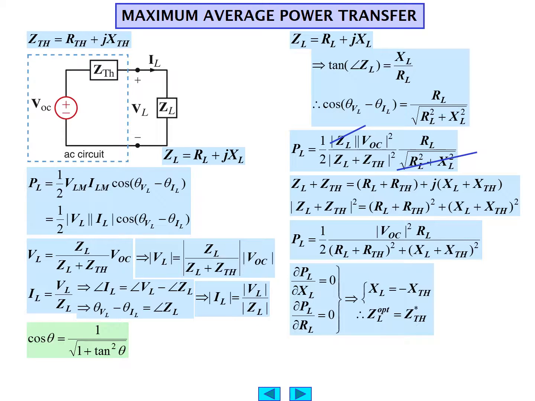And therefore, the optimum impedance Z sub L would equal the complex conjugate of ZTH. Complex conjugate would mean that X sub L equals minus XTH and R sub L equals RTH. Therefore, the maximum power transfer in this case would be 1/2 the open circuit voltage squared divided by 4 RTH.